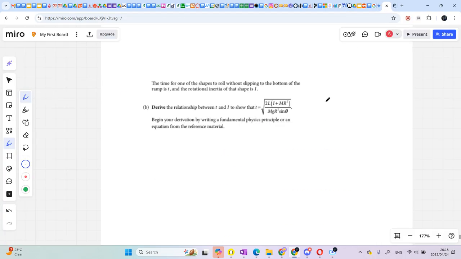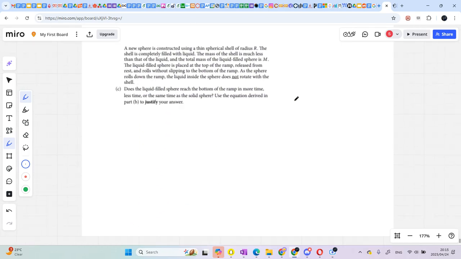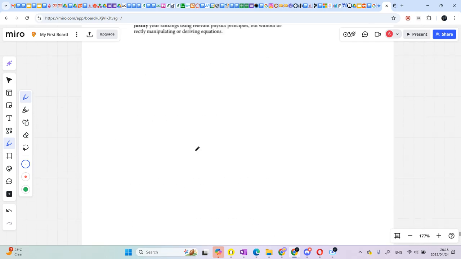That is the great part about physics. And then once you have your equation from part B, part C is going to ask you to use that equation to qualitatively justify a particular claim. So again, the quantitative and qualitative aspects are used interchangeably to support each other. So those are all the response questions.